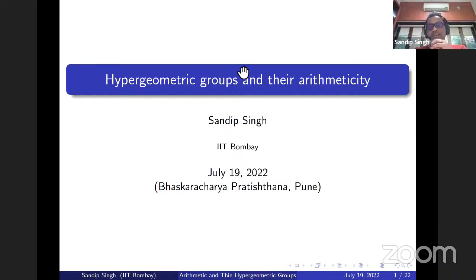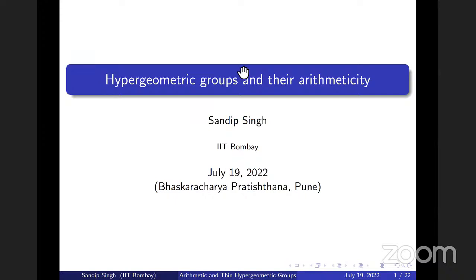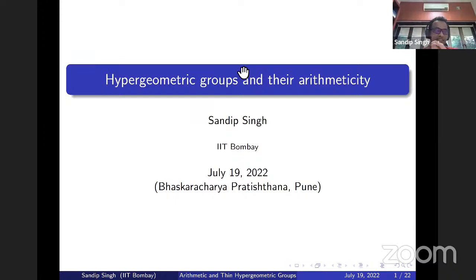If we put certain conditions on the hypergeometric differential equations, then we have some information about their Zariski closure inside GL_n(C).